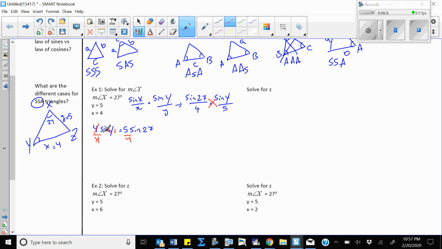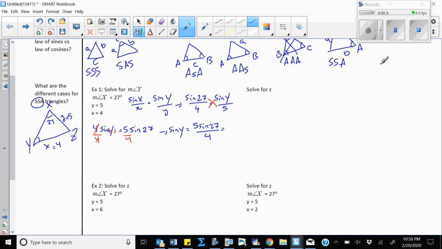This is just function sine of Y, so I can separate them at this point. So I just divide by 4, and then I will have sine of Y equal to 5 sine of 27 over 4.